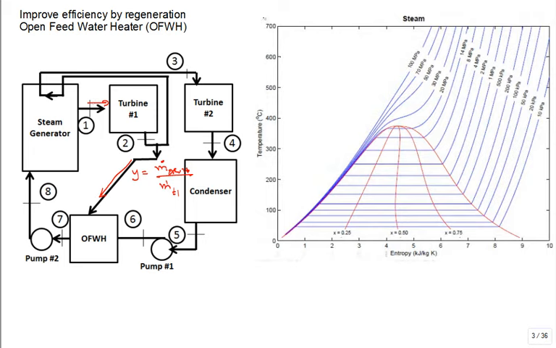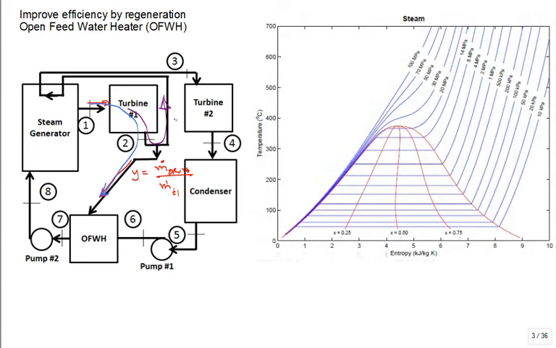So some percent feeds the open Feedwater heater, and the rest of it continues on in the cycle. Either it goes back for reheat or directly into the second turbine stage. Most probably goes into reheat.